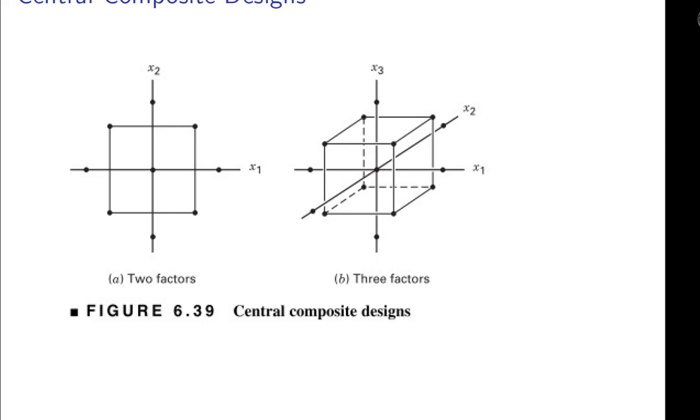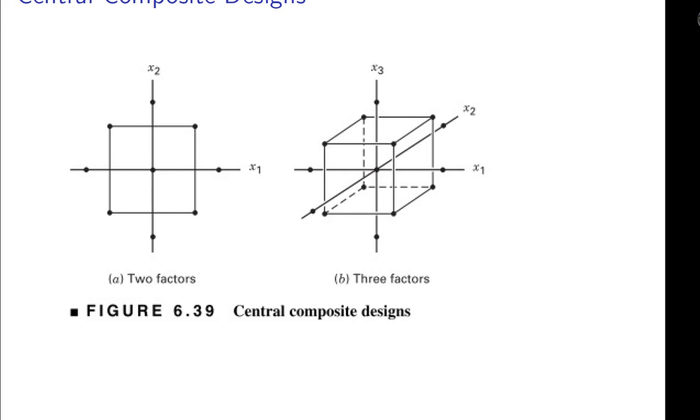And what makes this a central composite design are the additional 5 experimental runs, one that is at the center or the origin of the coordinate system, and the additional 4 circles that represent the 4 experiments that are located a square root of 2 distance along either of the two factor axes, and that's plus the square root of 2 or minus the square root of 2.